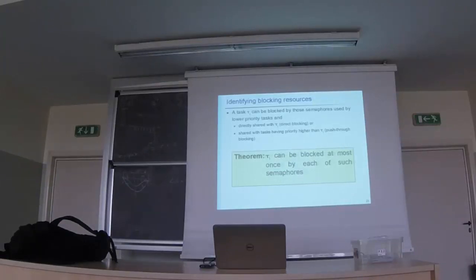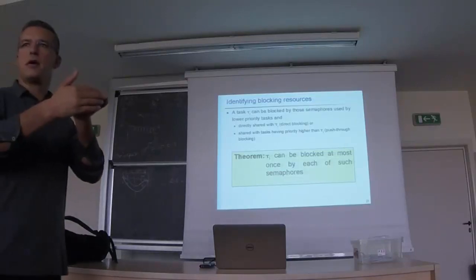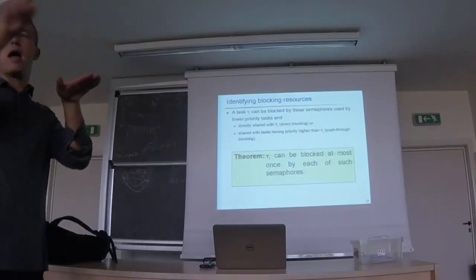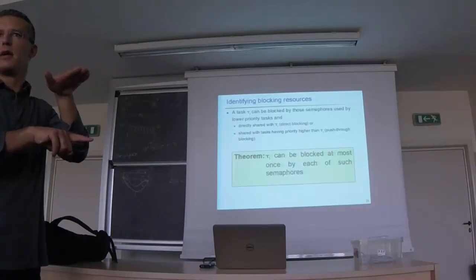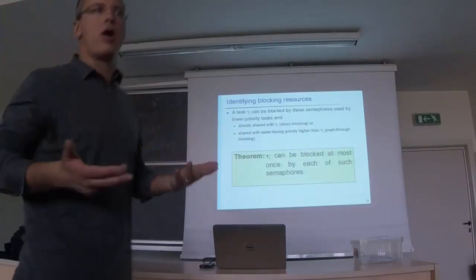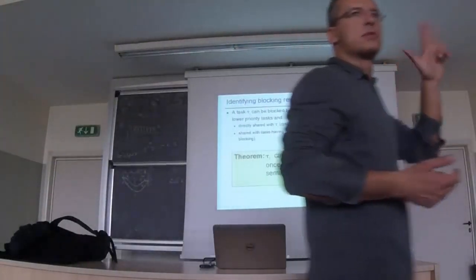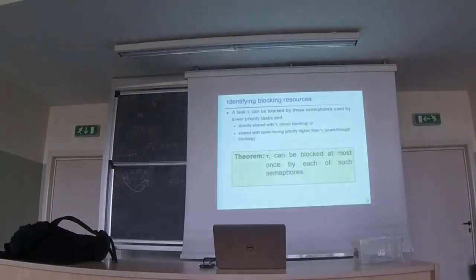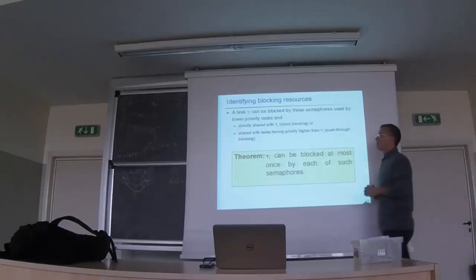So if I have 3 semaphores in my system that are either accessed by me or by high and low priority tasks, then I will be blocked at most 3 times. Again, I cannot be blocked more than once on these shared resources.